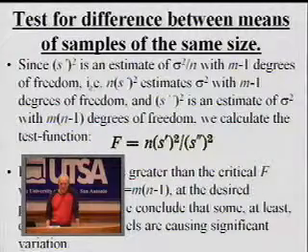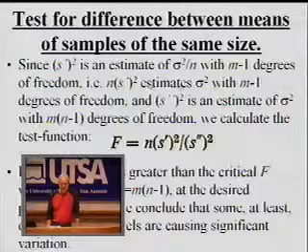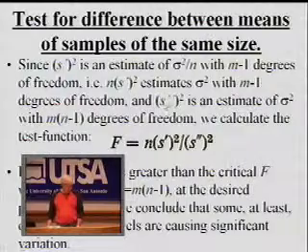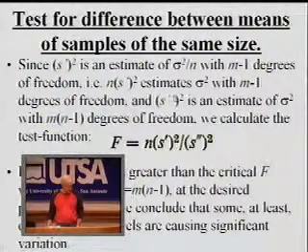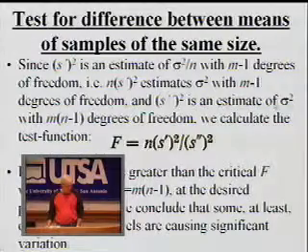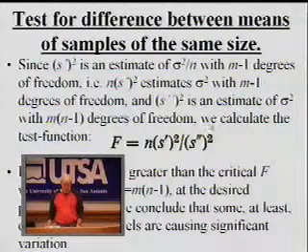We saw that. That is n times S prime squared estimates sigma squared with m minus 1 degrees of freedom, and S prime prime squared, the variance across the rows, is an estimate of sigma squared with m times n minus 1 degrees of freedom.